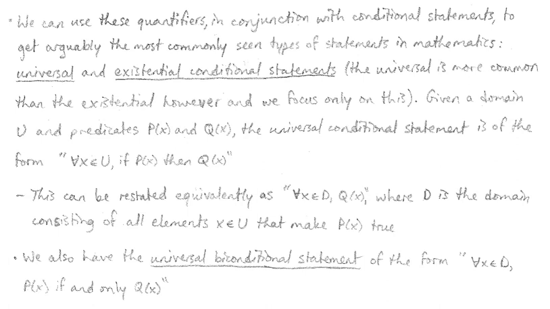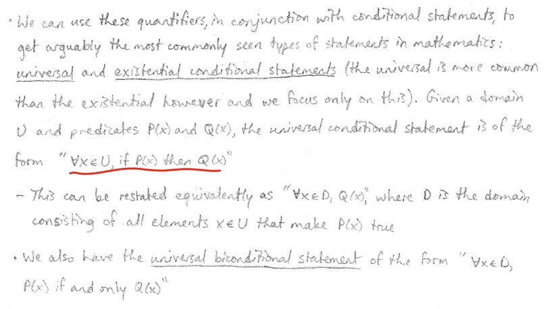Now, this could be a subset of U, it could be the whole thing, but whatever set of things make P of X true, we're going to give this new set a new name, and we're going to call it capital D. So we can restate this as saying: for all X in D, Q of X. We are just saying that D is all the elements of U that make P of X true.